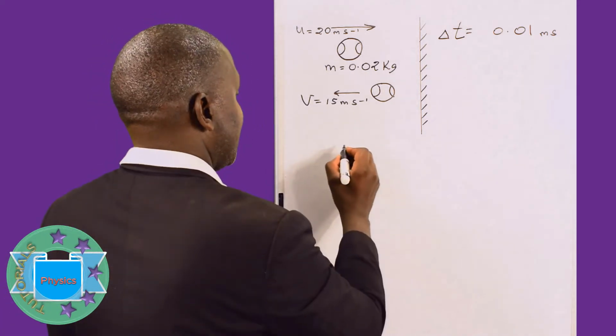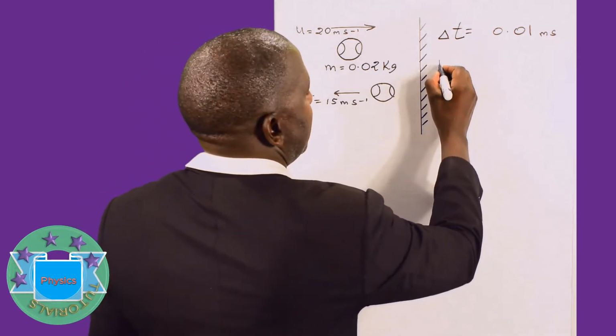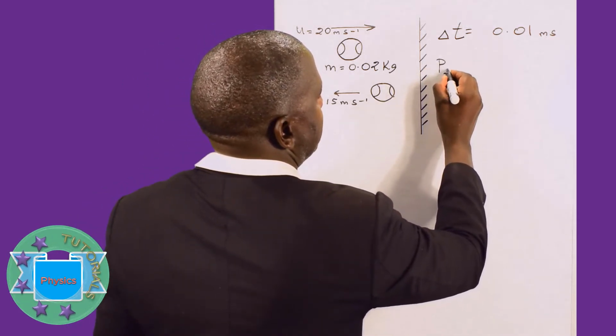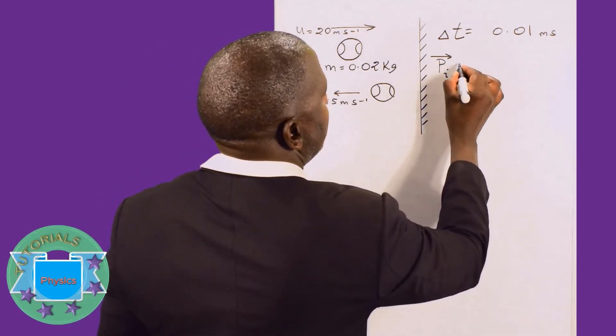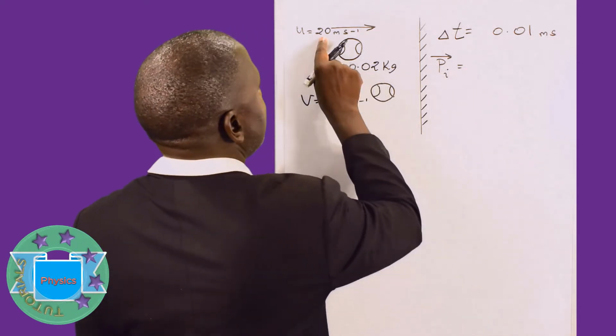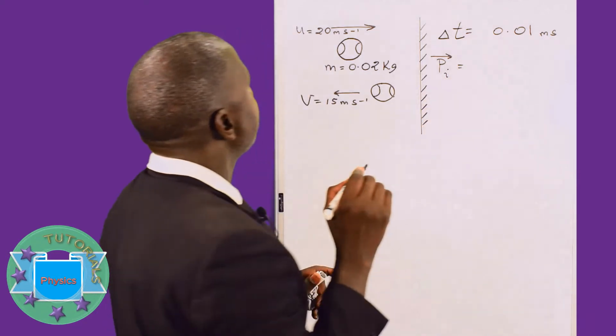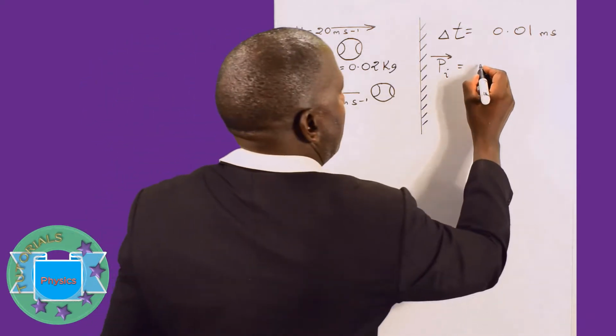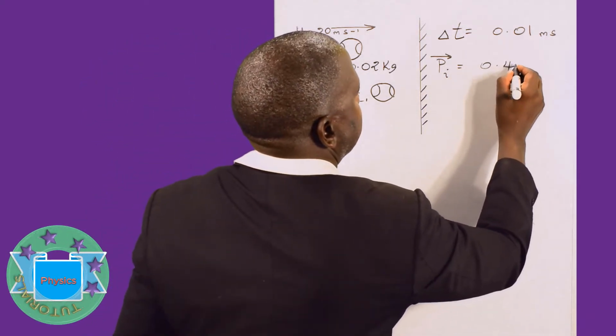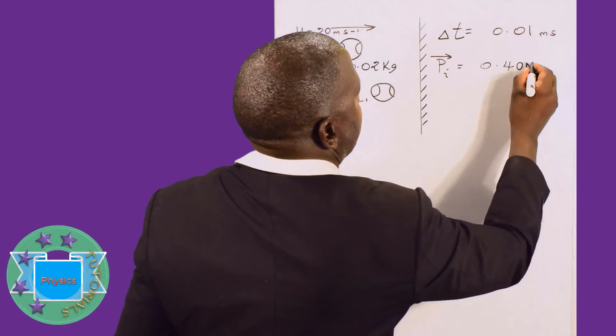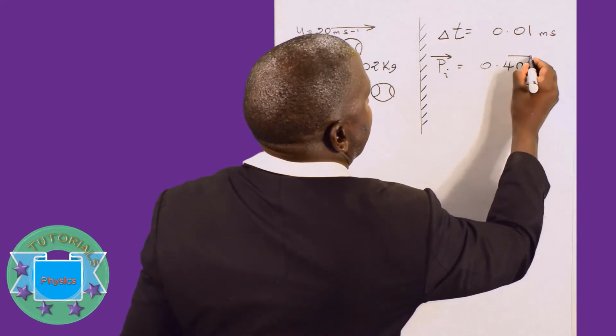Let's look at the initial momentum. Initial momentum of this ball is this value times this value. What do I get? I think I get 0.40 Newton seconds to the right.